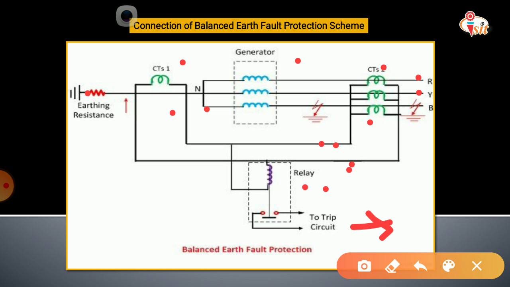As we have discussed in the construction, the two sets of CTs are connected in parallel, and across them one relay coil is connected. So we have to see the operation in two conditions: first is the normal condition and second is the fault condition. During the normal condition, the sum of the currents flowing in the secondary of the current transformers is 0, and the current flowing in the secondary of the neutral is also 0.